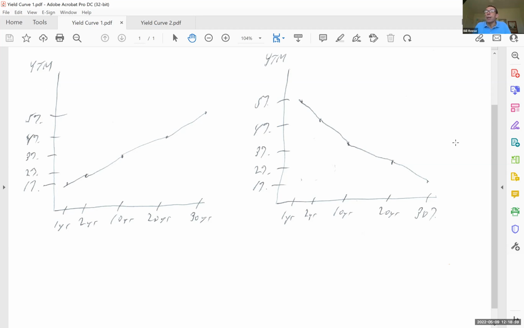So now economically, what does this tell us? Well, if we see an upward sloping yield curve, why would investors think that short-term rates are going to be going up? Who has an influence over short-term rates? The Federal Reserve. The Federal Reserve has limited impact on long-term rates.